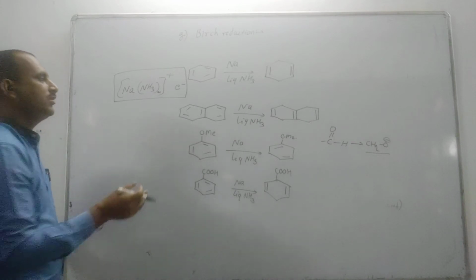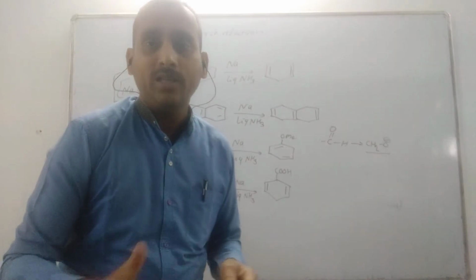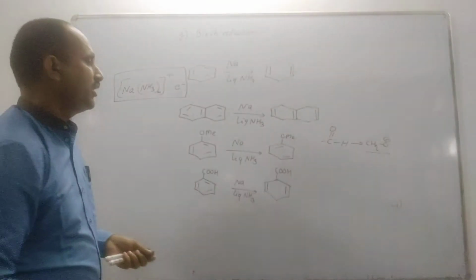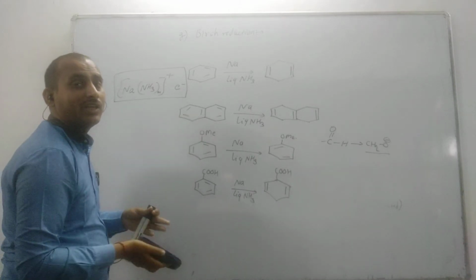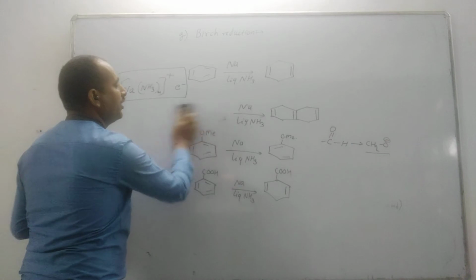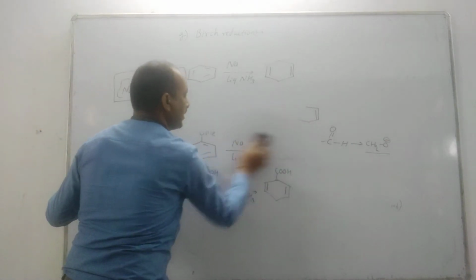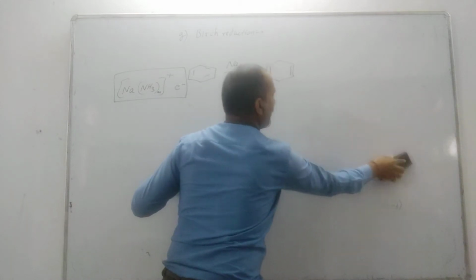So let's see the mechanism of these reactions. I think we have already studied the mechanism of Birch reduction, the metal dissolving in a solvent, that means sodium in liquid ammonia. We have already seen the mechanism of this reaction. So let's see again the mechanism of this reaction.